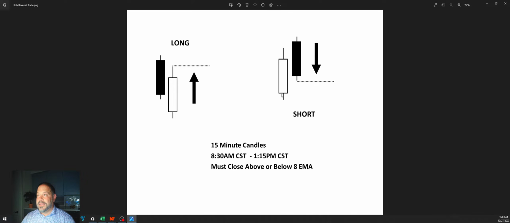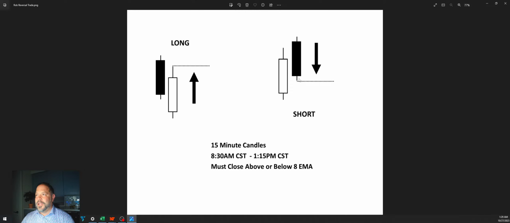We've got a green candle or an up candle. In my case, it's a white candle going up. Our next candle opens higher than the first candle, but comes into the wick or body of this first candle.